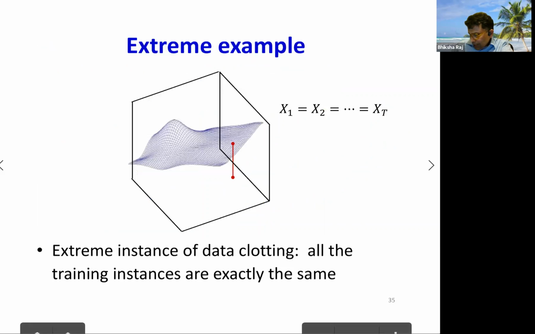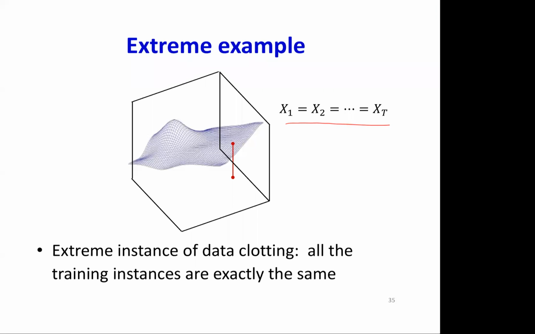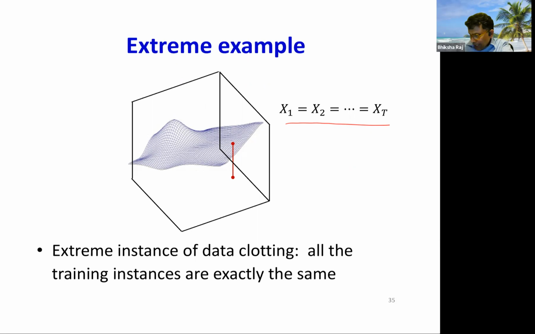But now consider this extreme case where all of the training instances are identical. Now, the gradients for every one of the individual training instances will point in exactly the same direction. So the average gradient, how will it relate to the gradients for the individual training instances? Anyone?